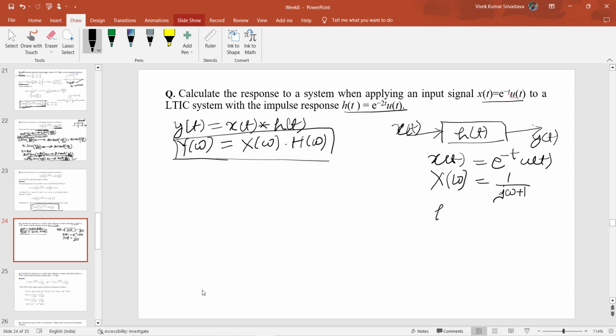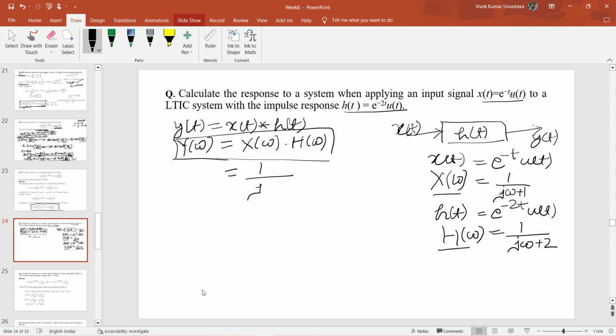Whereas for h of t, which is equal to e raised to the power minus 2t into u of t, the h of omega is defined as 1 over j omega plus 2. Now I will put the value of x of omega and h of omega in this expression. So I will get 1 over j omega plus 1 multiplied with 1 over j omega plus 2.